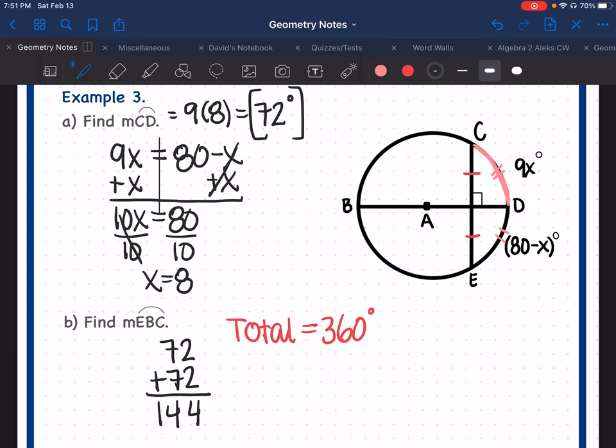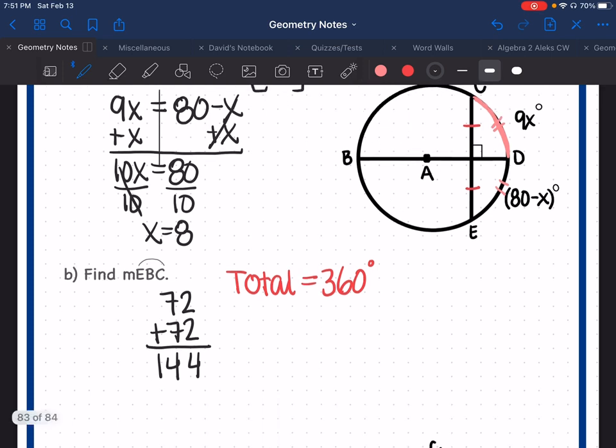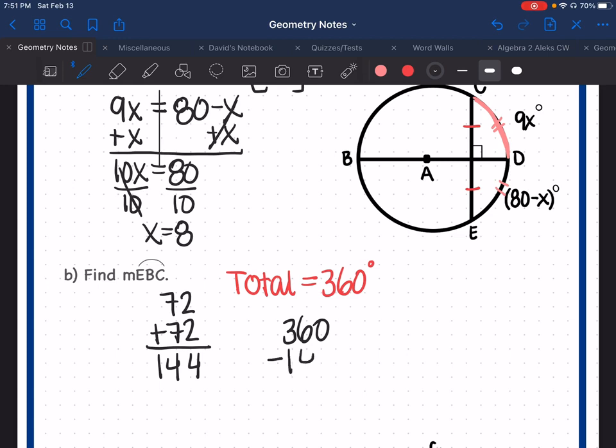So if I already know that this part is 144, all I have to do is subtract. So I'm going to say 360 minus 144. And that's it. So my answer here would be 216 degrees.